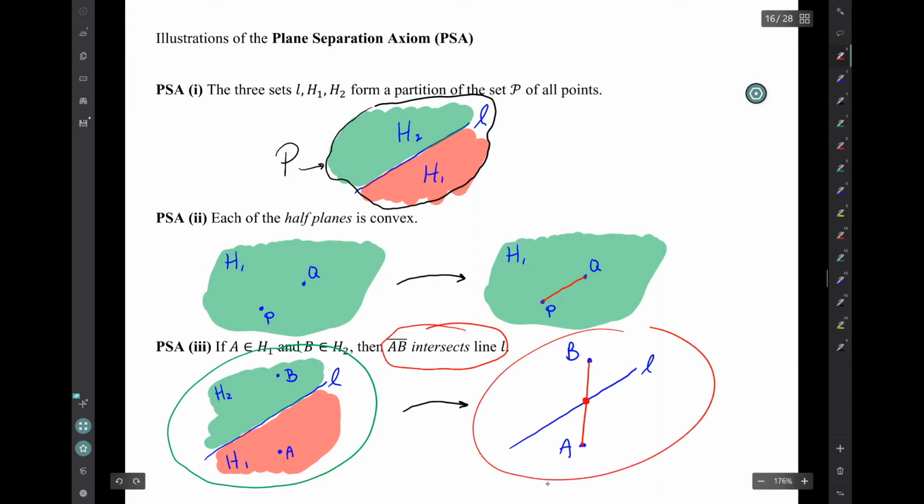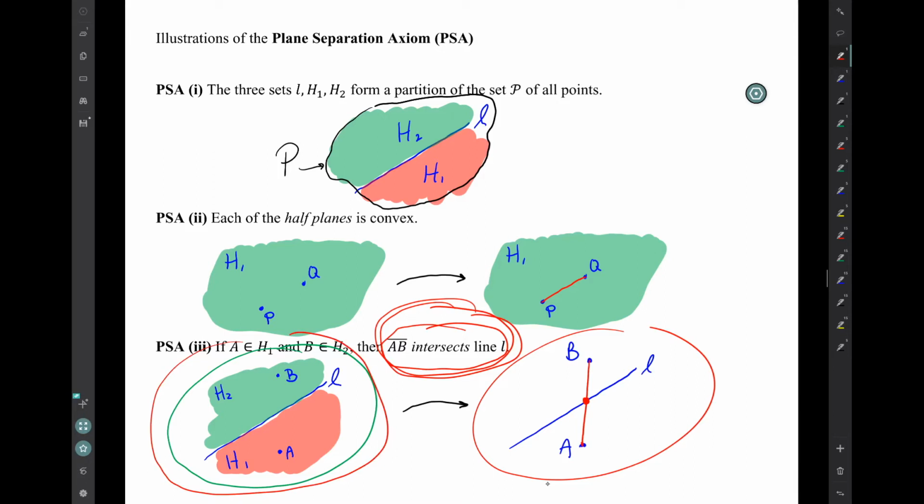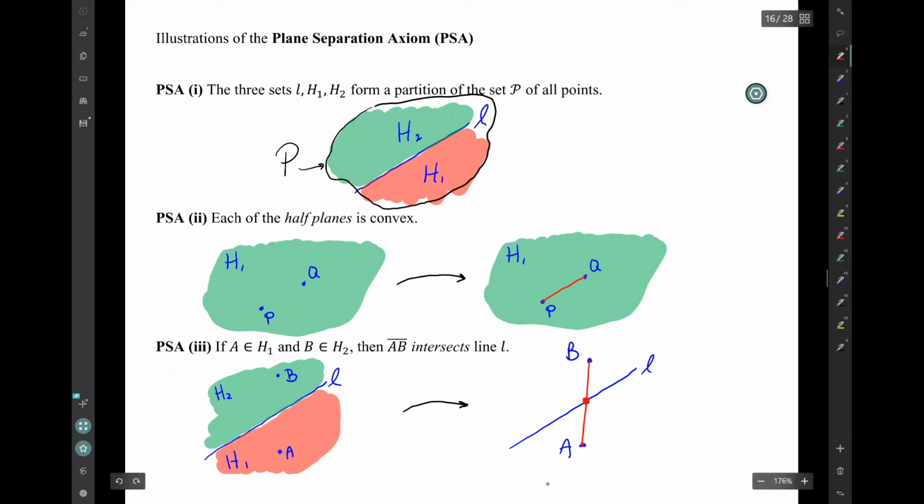In that sentence, segment AB intersects line L, there's no mention of half-planes. So I want to have a picture that just illustrates this. So I didn't copy this whole drawing over there on the right. I didn't put those half-planes in there to distract us.